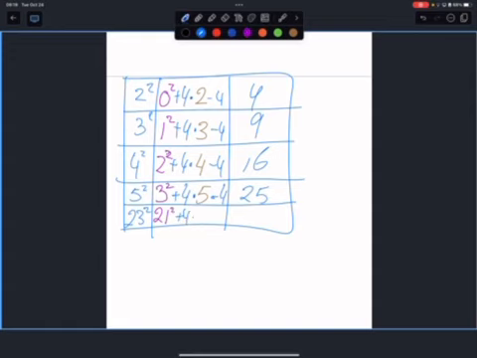Plus 4 multiplied by the same number that's here goes there, multiplied by 23. And then you subtract 4. 23 squared is what? 6 something. Oops. 529.